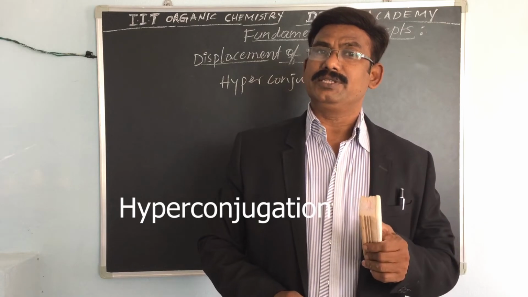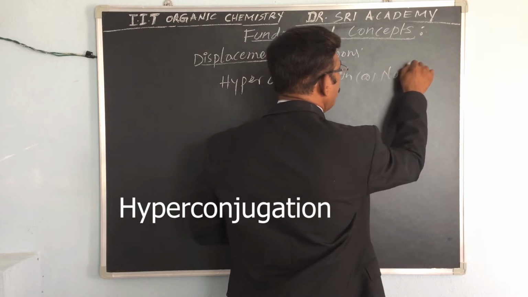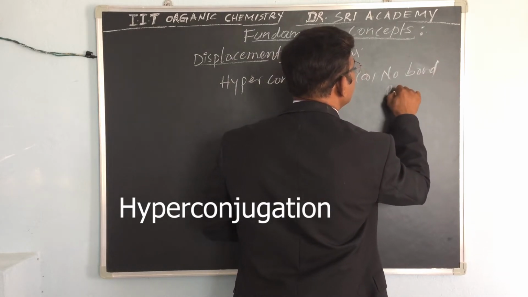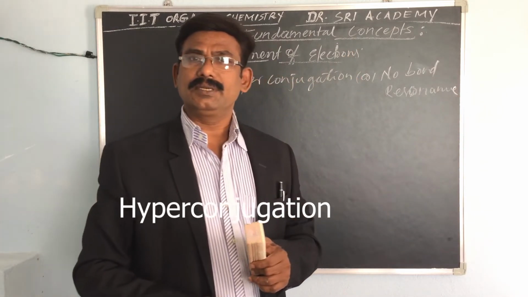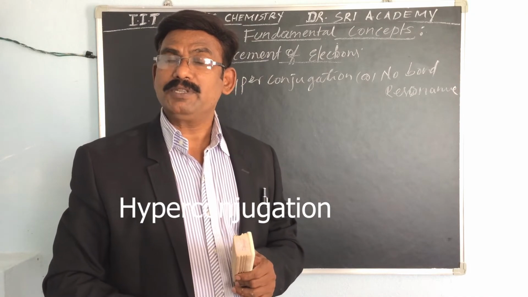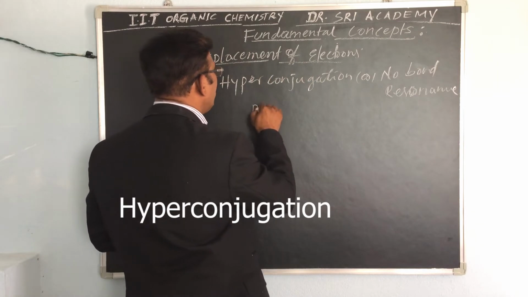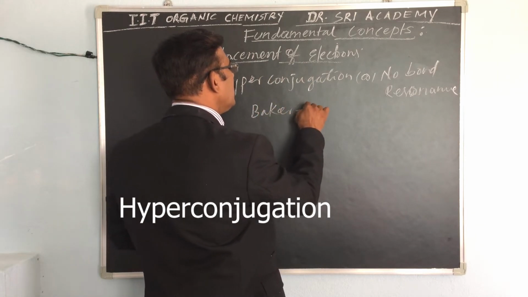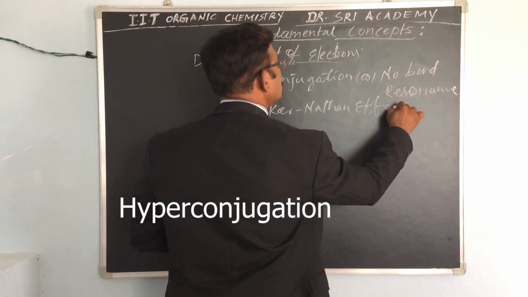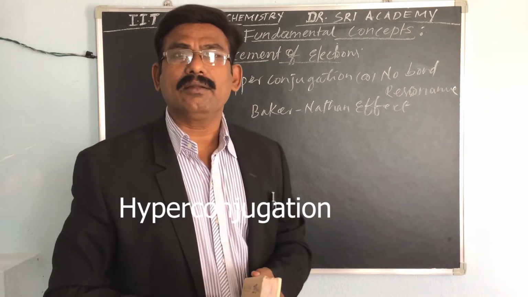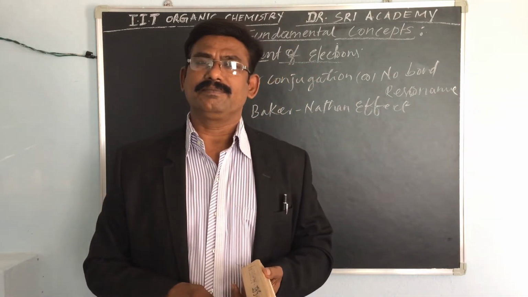No bond resonance effect, or we can say no bond resonance. This was proposed by the scientists Baker and Nathan, so we can say Baker-Nathan effect. So these are the names.